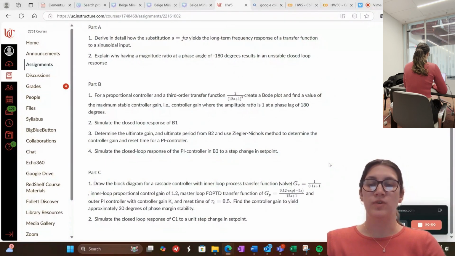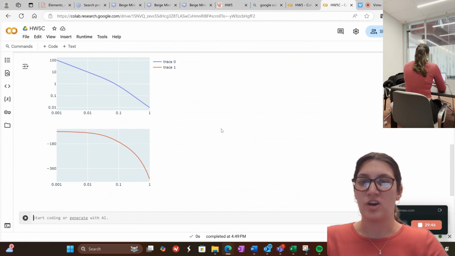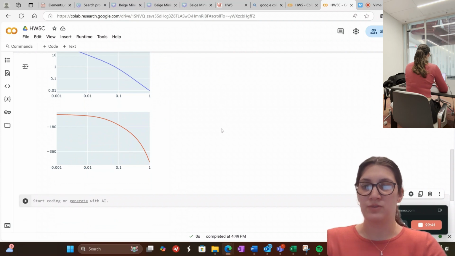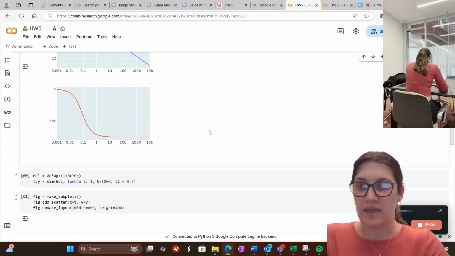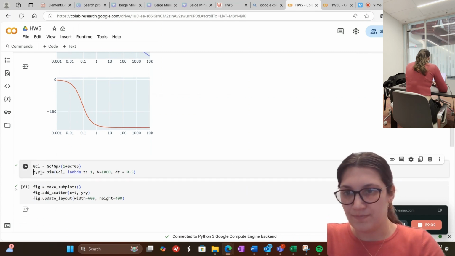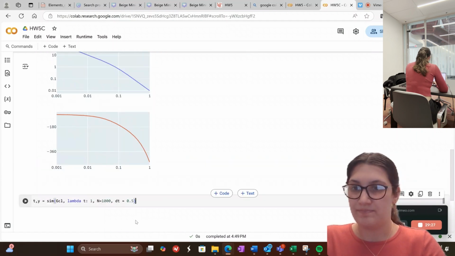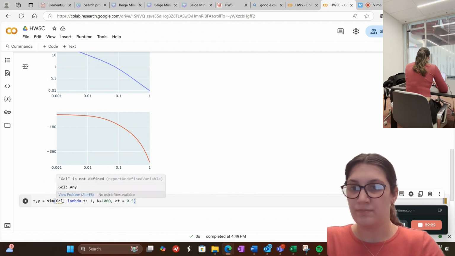Finally, we are going to move on to Part C, Question 2. This states, simulate the closed loop response of C1 to a unit step change in set point. We can come over here to our code that we wrote in Part 1. To simulate the closed loop response, we can actually just take, again, from what we did before, here is our time and y values using the simulation function, or the sim function.